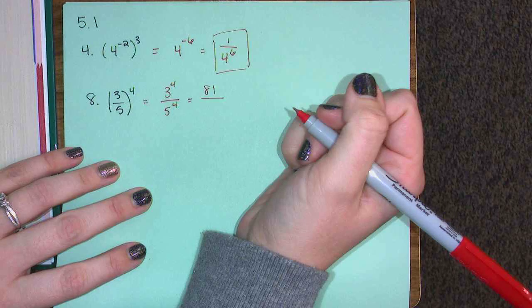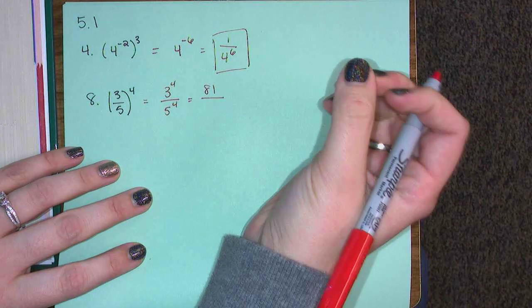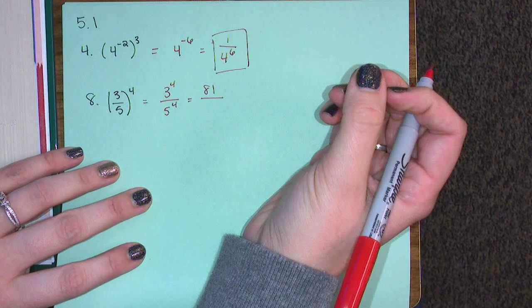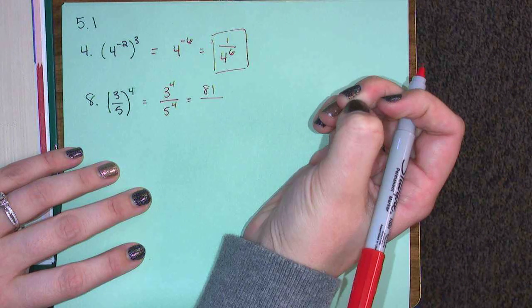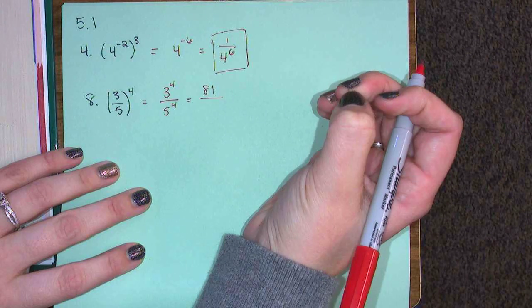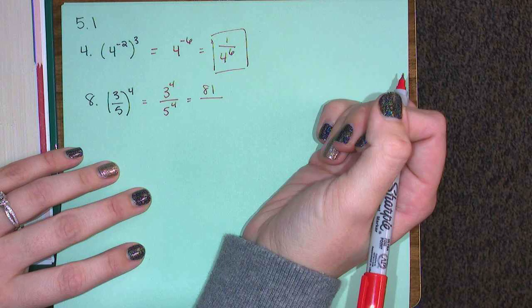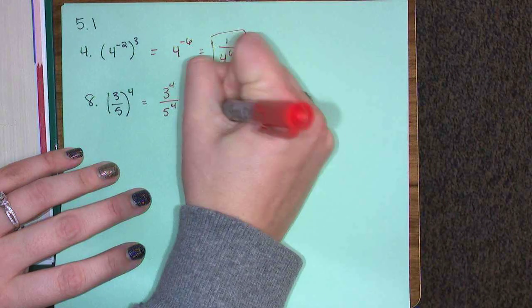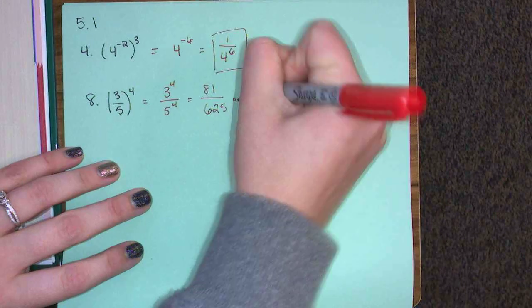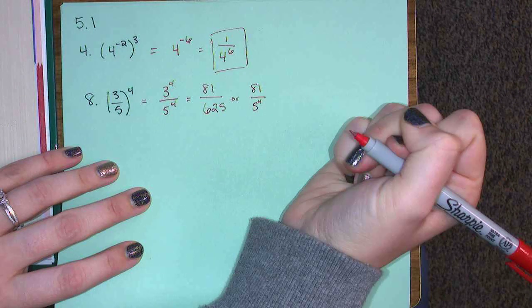Okay, you could multiply 5 times 5 times 5 times 5, which would give you 25 times 25, but I don't know if you know that off the top of your head or not. You're really close. Well, I say like you're 100 off, but I know what you're trying to do. Okay, it's technically 625. You could leave it as 81 over 5 to the 4th, if you don't know it off the top of your head, that's fine.